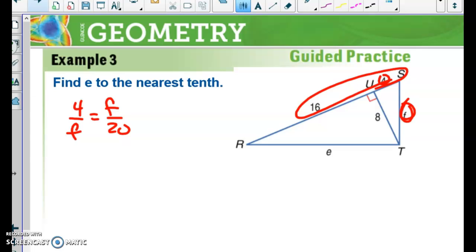So if I'm going to find E, I'm going to say that the part that's on the E side is to E as E is to 20, the whole thing. So that's how you would find that. Now don't forget about our friend Pythagoras. If we know that this part is 16 and this part is 8, we can find E using the Pythagorean theorem also.